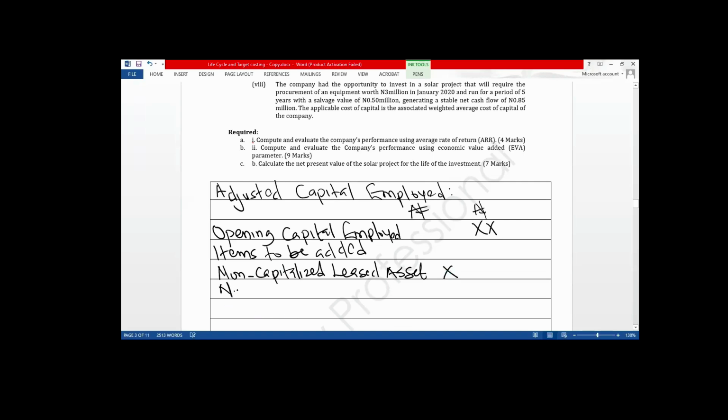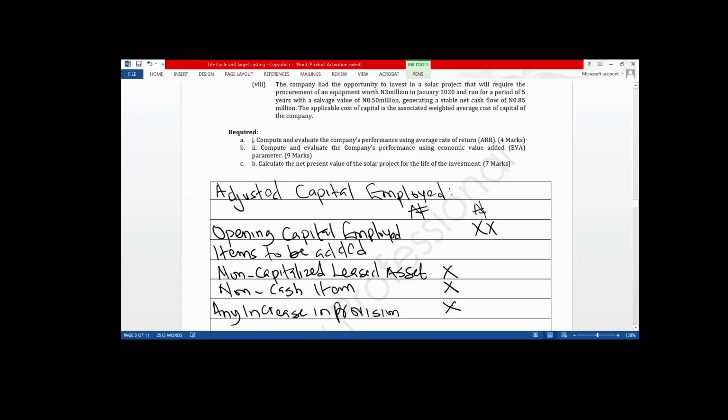Two, non-cash items. This should be added. Three, any increase in provision.